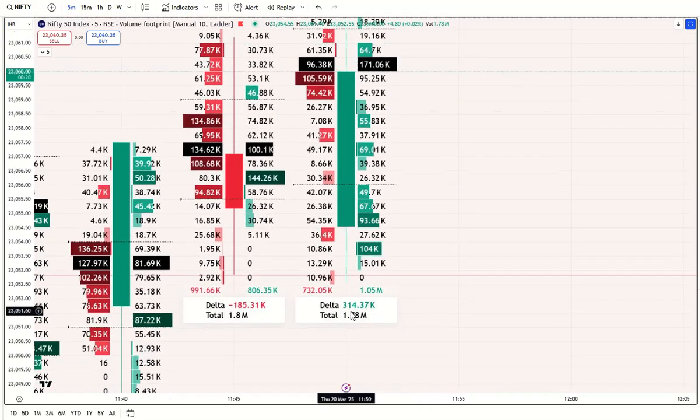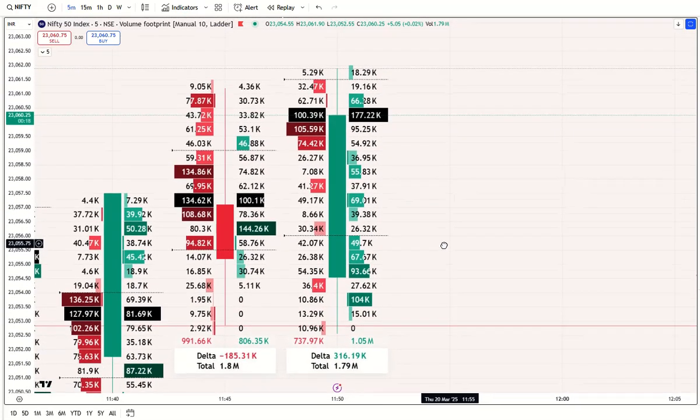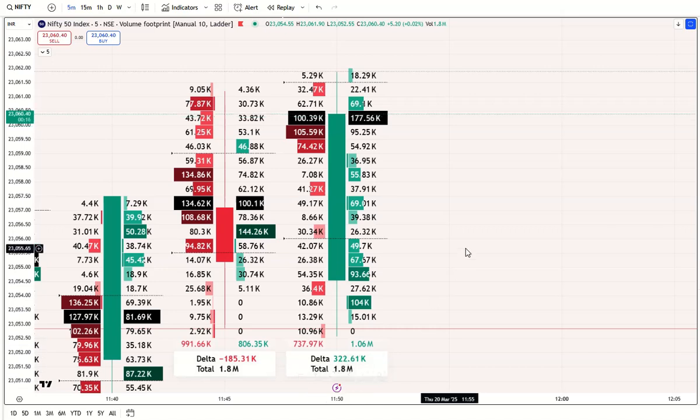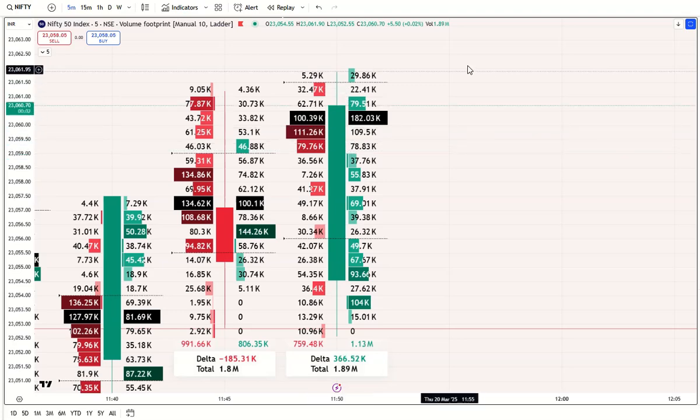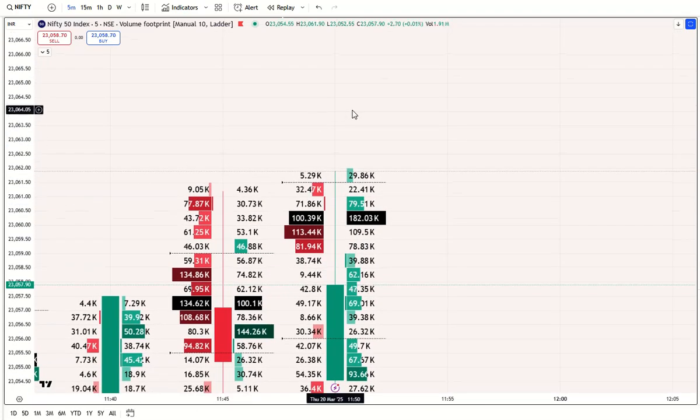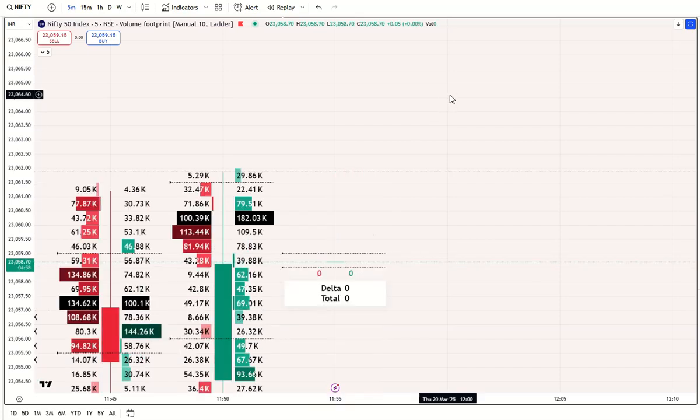You look at the delta, it is positive and continues to increase. That should be a strong indication. Once again, if it crosses this level, then the next candle should give a strong positive side.